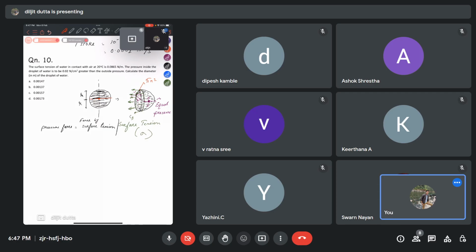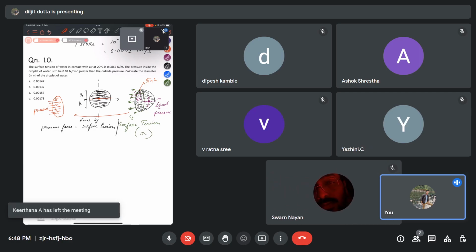The pressure force will be acting throughout this surface. This pressure force must be balanced by the surface tension force, then only the droplet will be in equilibrium, else the droplet will break.